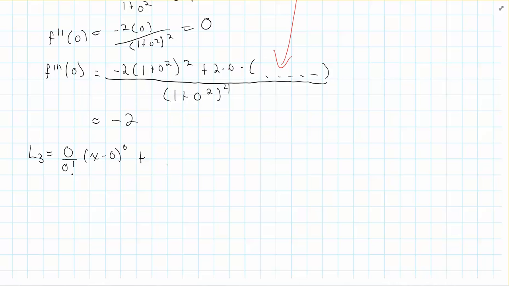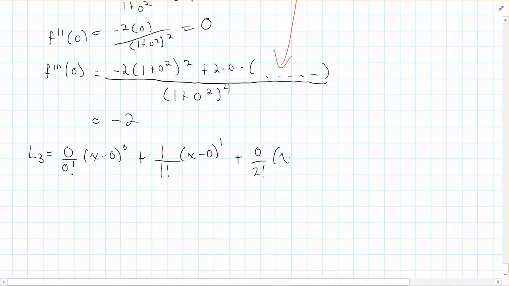Yeah. 1 over 1 factorial times x minus 0 to the 1st power, plus 0 over 2 factorial x minus 0 squared, plus negative 2 over 3 factorial x to the 3rd power.